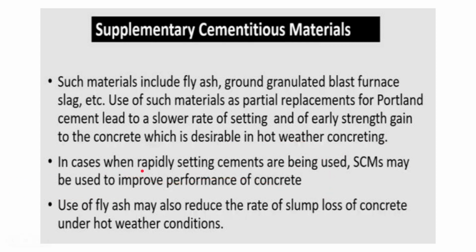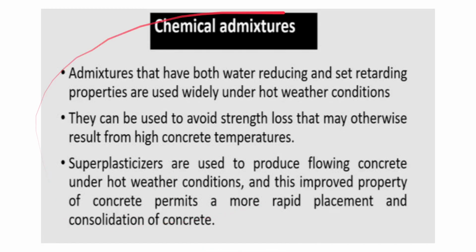In cases where rapidly setting cements are being used, SCMs may be used to improve performance of concrete because they will lower the setting time and early strength gain, okay. So use of fly ash may also reduce the rate of slump loss of concrete under hot weather conditions. So fly ash addition has an added benefit because it also lowers the slump loss rate, okay. So that is also lowered using fly ash in hot weather conditions.